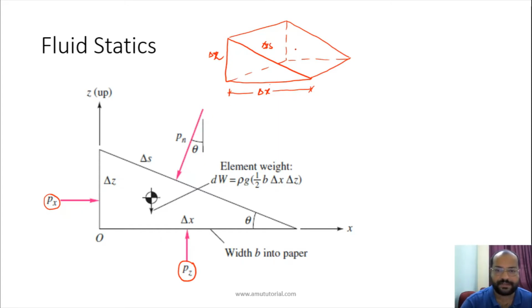And suppose the normal pressure, normal to this surface, is Pn, which is inclined at an angle theta with the vertical, and the inclination of this wedge is also theta. If we resolve this into two components, this will be Pn cos theta and Pn sin theta.